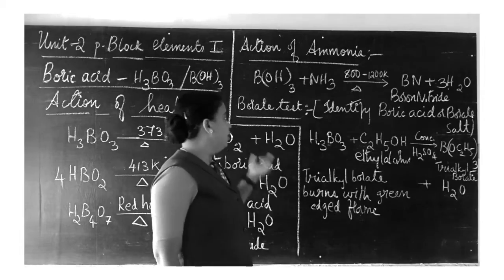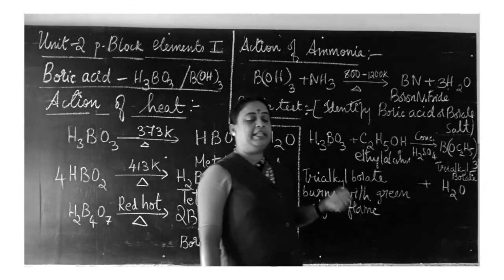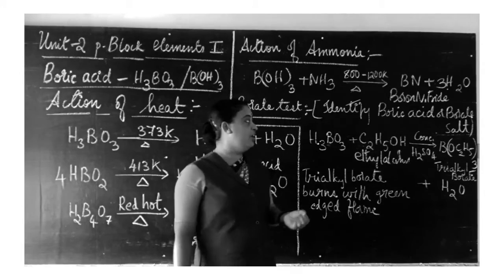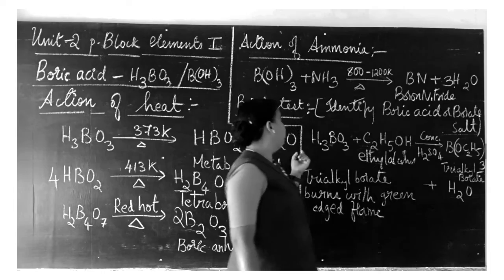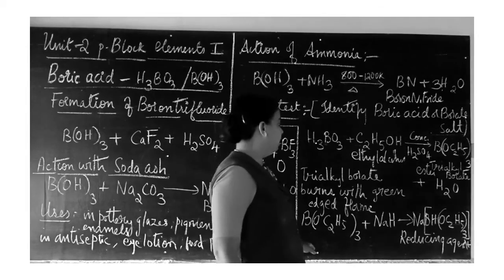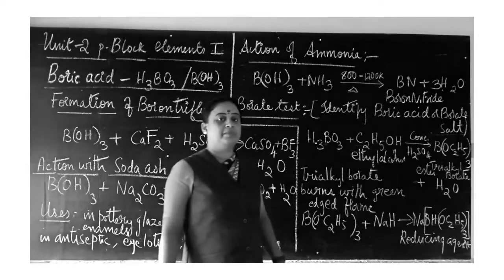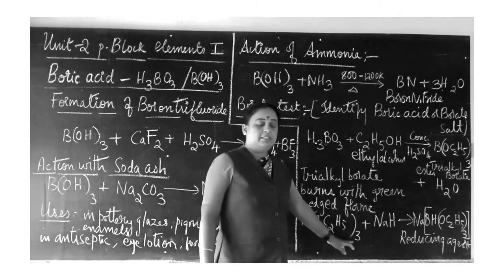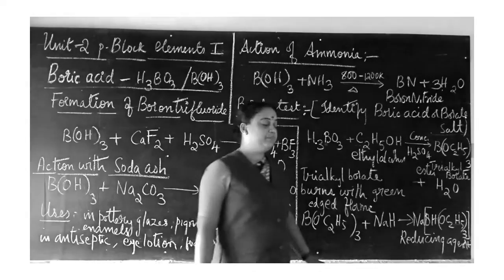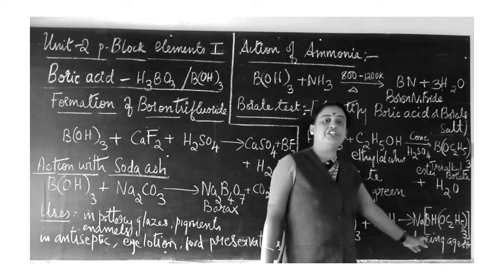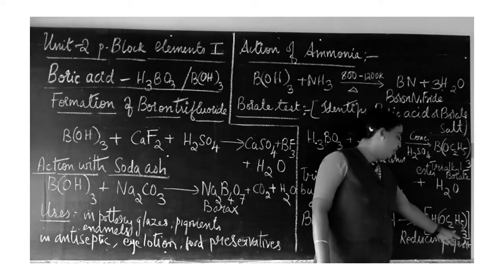This is also called the flame test or borate test, used to detect the presence of borate salt. The alkyl borate obtained after the borate test reacts with sodium hydride, NaH, to give a coordination compound, NaBH(OC2H5)3.